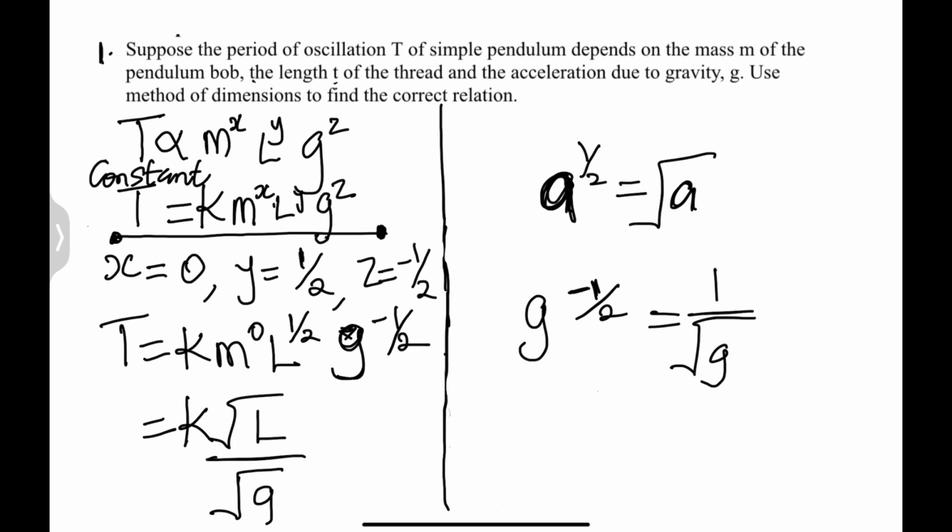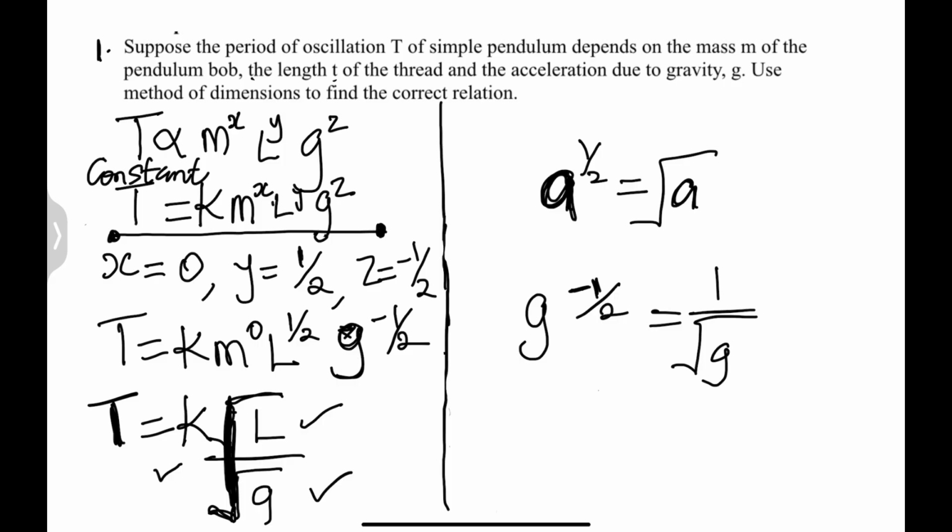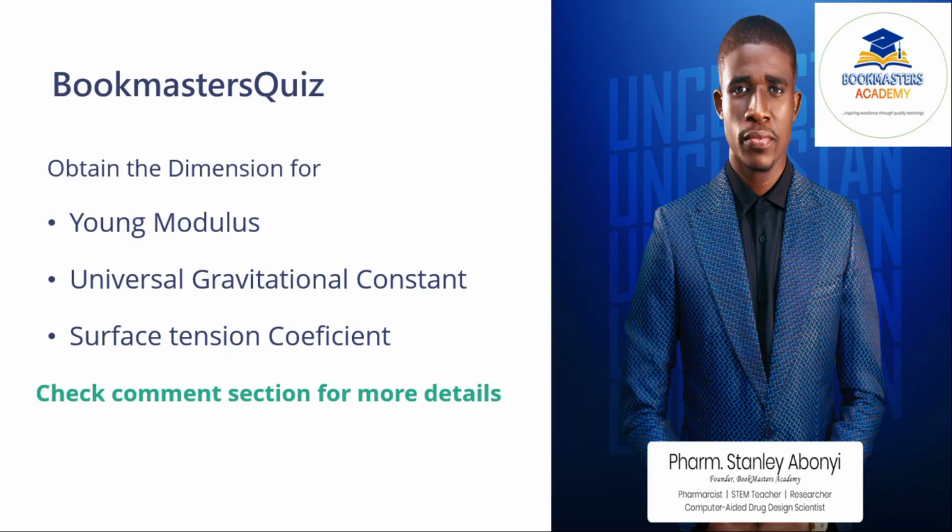So you can just decide to extend this so that we'll have something that looks like this, and we are done with everything. So this is the relationship between t, l, and g. K is a constant, so we don't talk about it. So it's a relationship between t, l, and g.